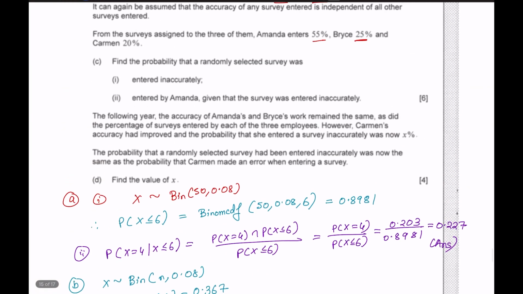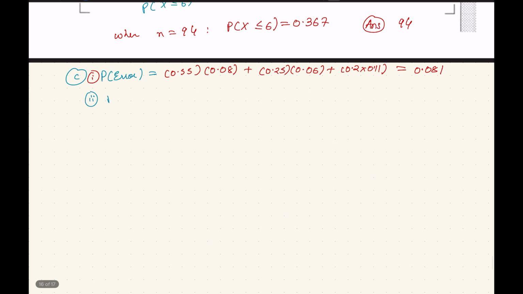Now for C2, the probability that it has been entered by Amanda given that the survey was entered inaccurately. So it's P of Amanda given error, which is probability of Amanda intersection error divided by probability of error.